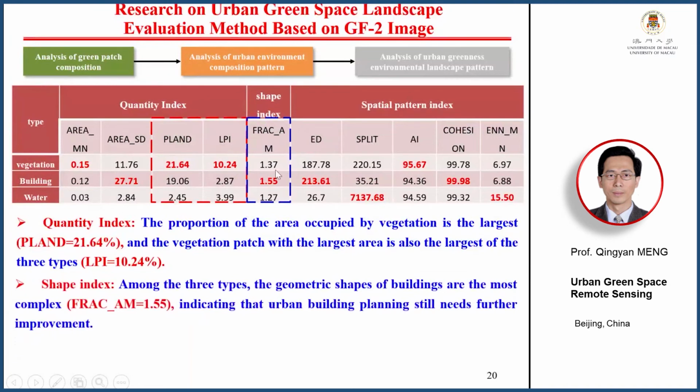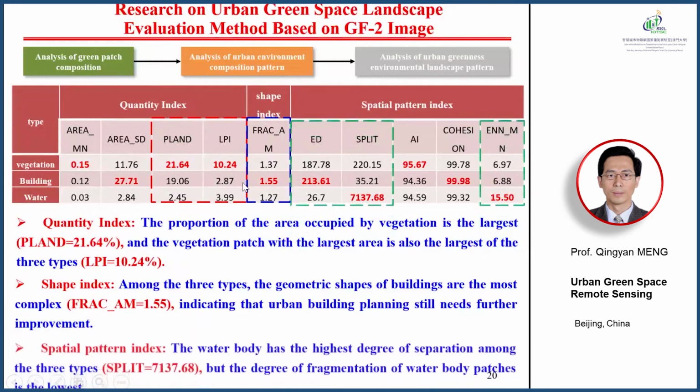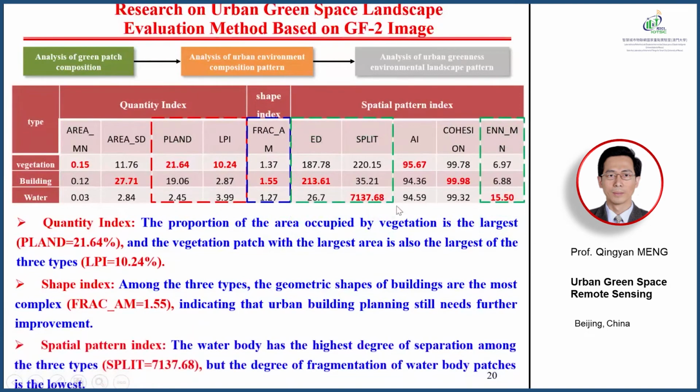Among the three types, the geometric shape of the building is the most complex, okay, building, indicating that the urban building planning still needs further improvement, and the spatial pattern, the split parameter. Here the water body has the highest degree, and the degree of fragmentation of the water body patches is the lowest.